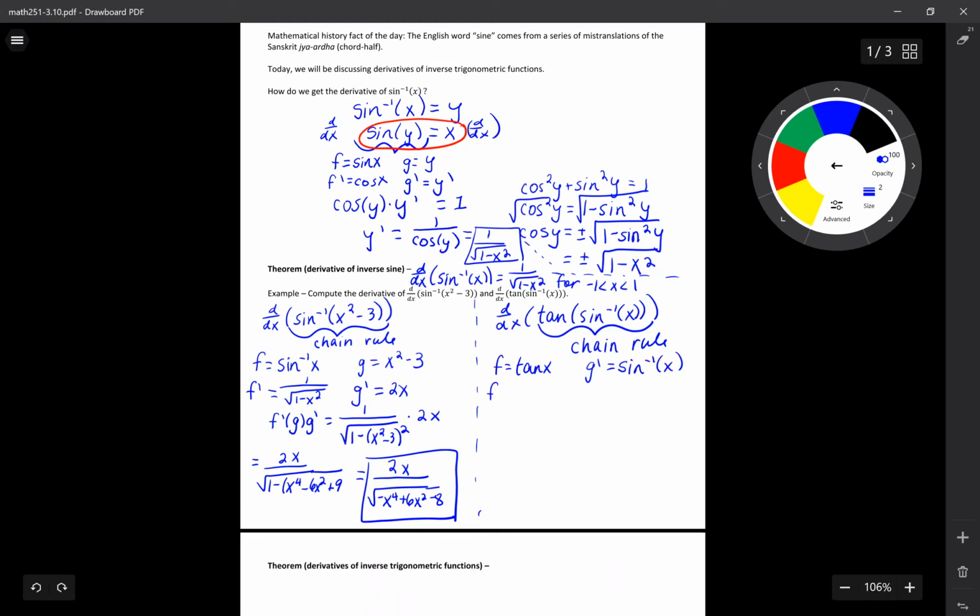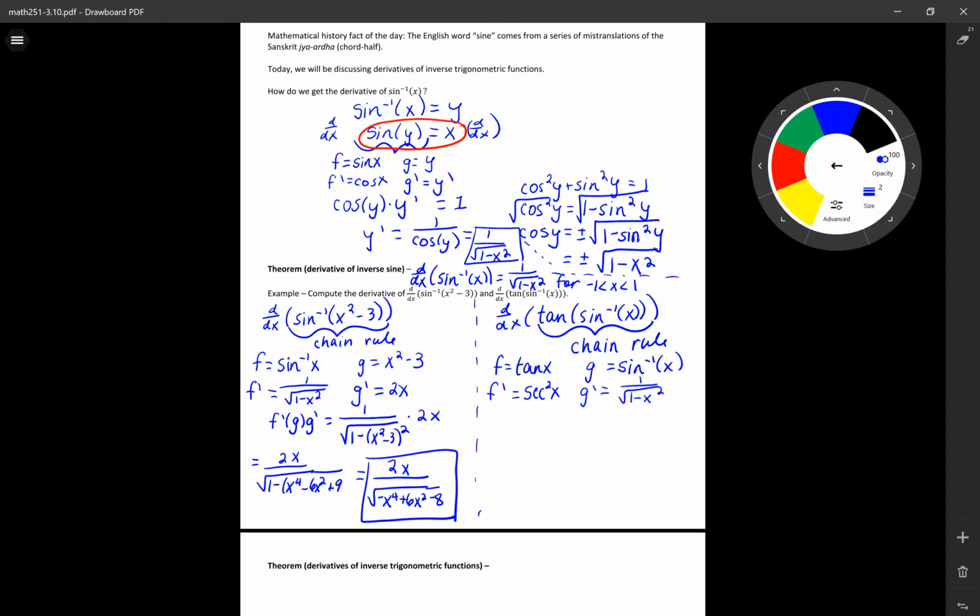That makes f equal to, the derivative of tangent x is secant squared of x. Whoops, I didn't mean to write that prime. This is just g is equal to sine inverse of x. And then g prime is equal to 1 over square root 1 minus x squared.